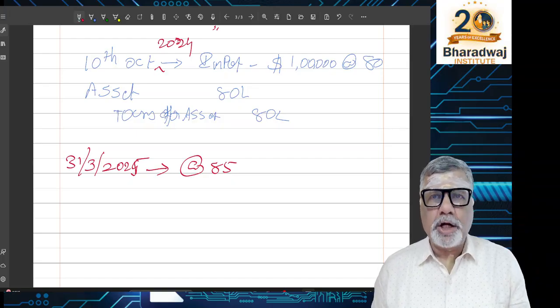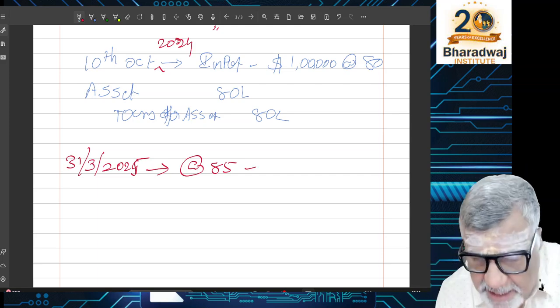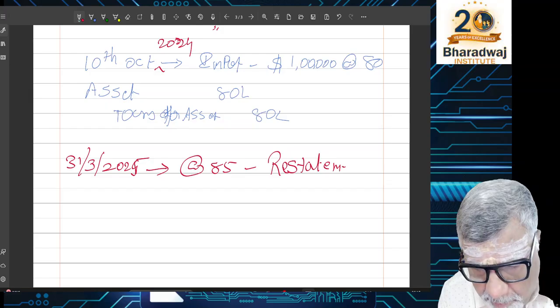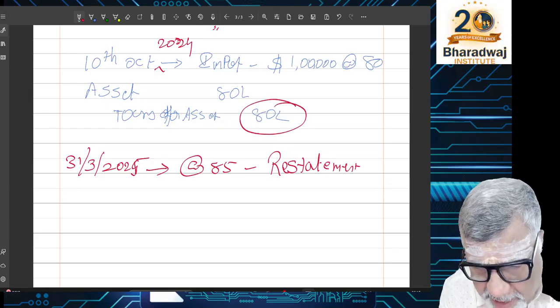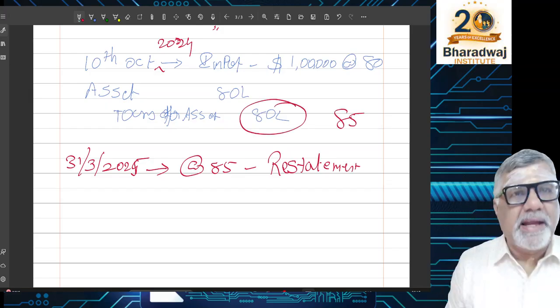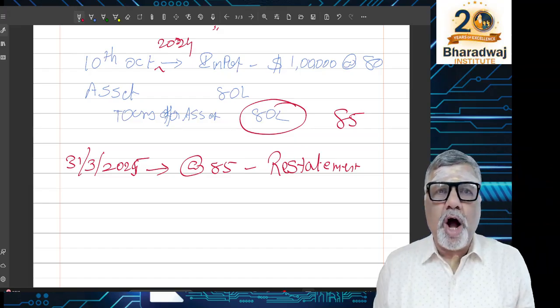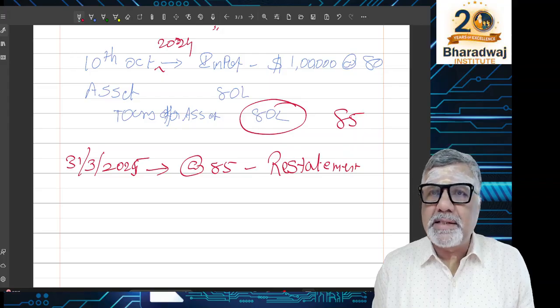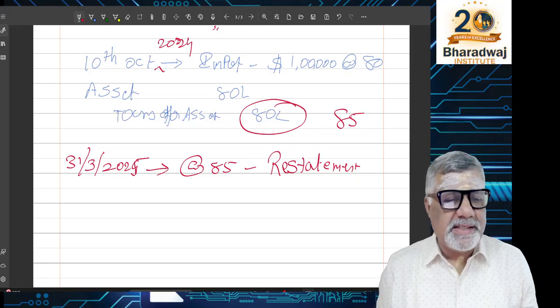Accountancy and accounting standard say a statement called restatement. Now this 80 lakhs has become 85 lakhs. So accountancy tells us P&L account debit to creditors for asset another 5 lakhs, which has to be restated.